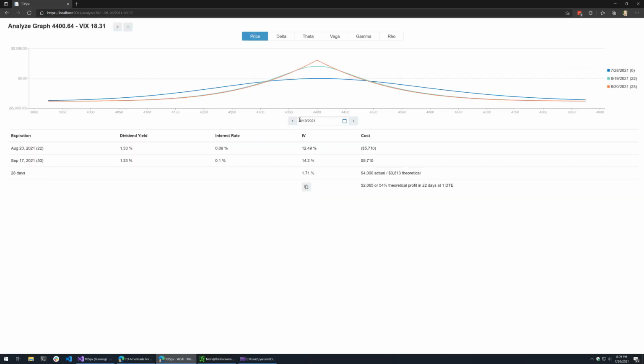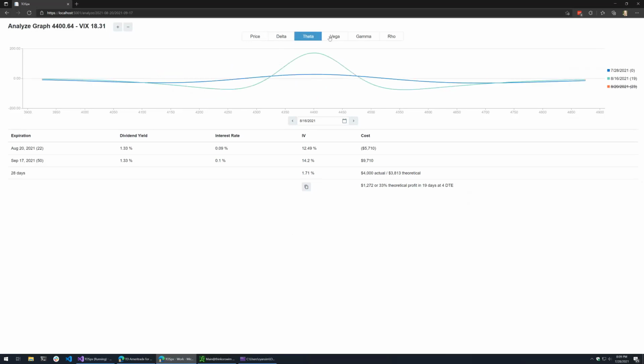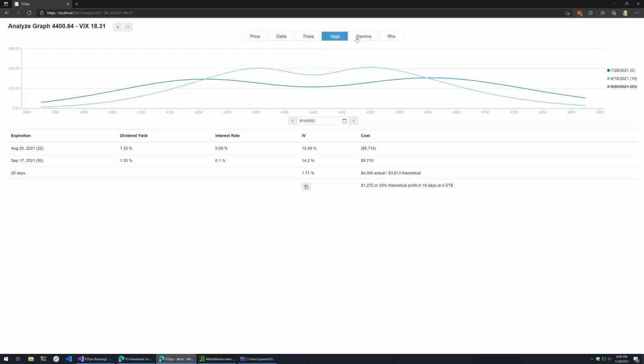If I were to click on that, it essentially takes us to an analyze graph where we can take a look at the theoretical values, the deltas, all this fun stuff, just like you can do in thinkorswim.